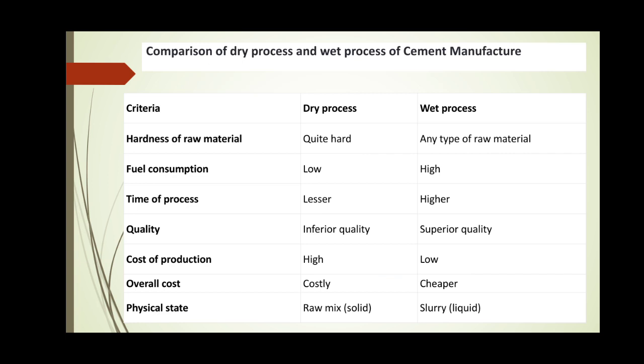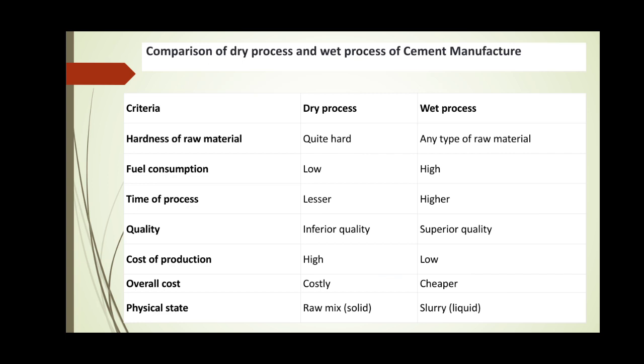The time of process is less in the dry process than the wet process. The quality of dry process cement is inferior to the wet process, where the quality is superior as compared to the dry process.